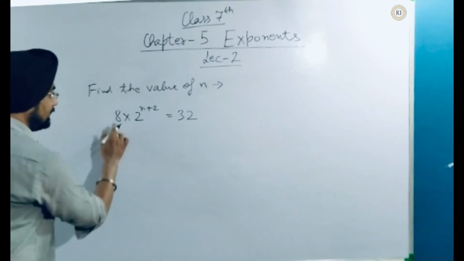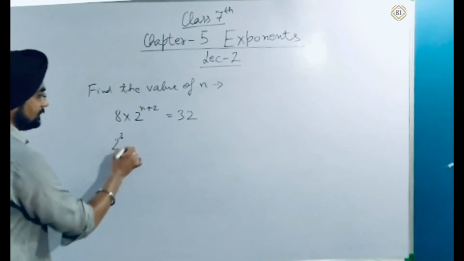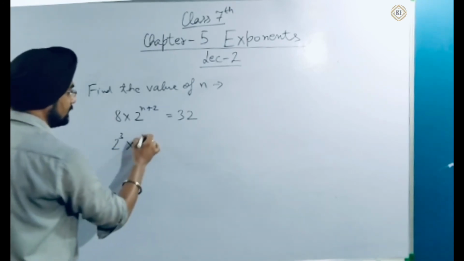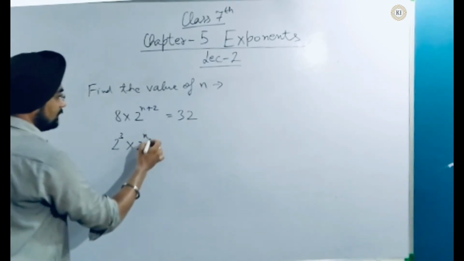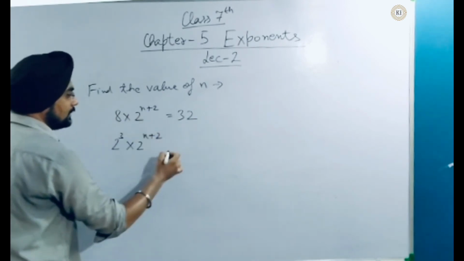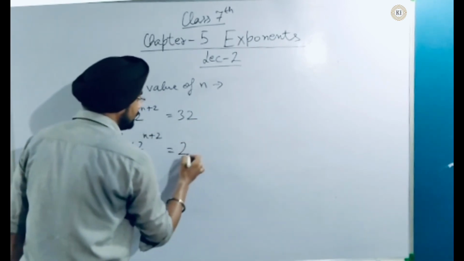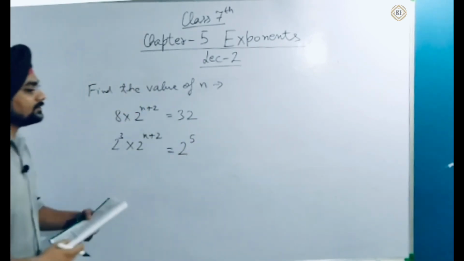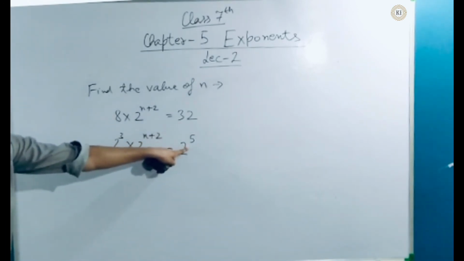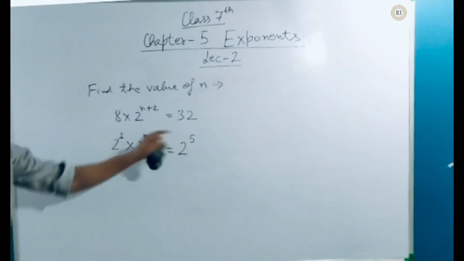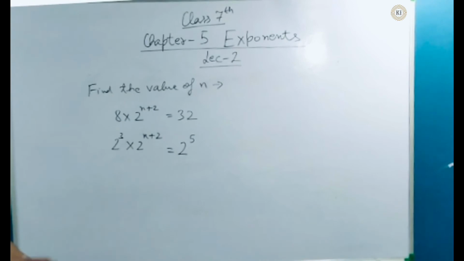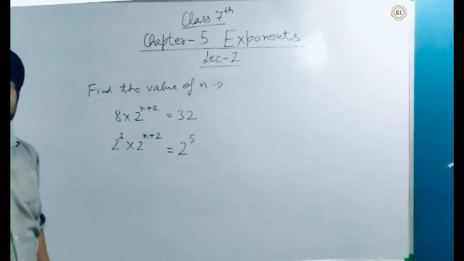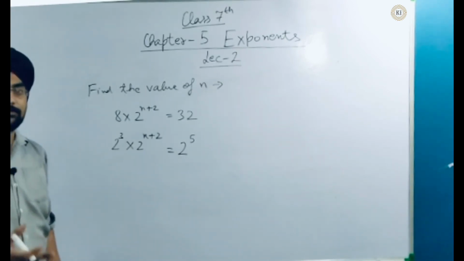So 8 we can write as 2^3, so 2^3 × 2^(n+2) = 32, and 32 we can write as 2^5. These values come from prime factorization. When you go for prime factorization, it will come 2 × 2 × 2 × 2 × 2, that is, 2 comes 5 times.